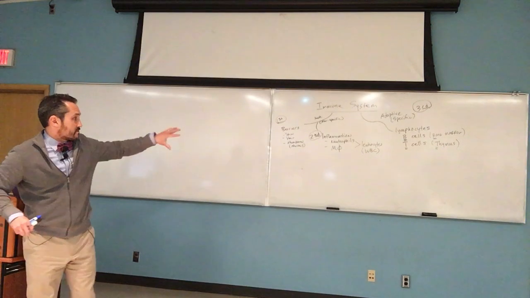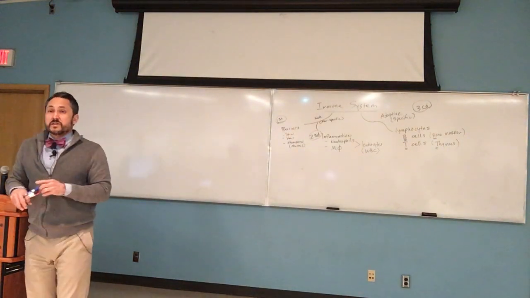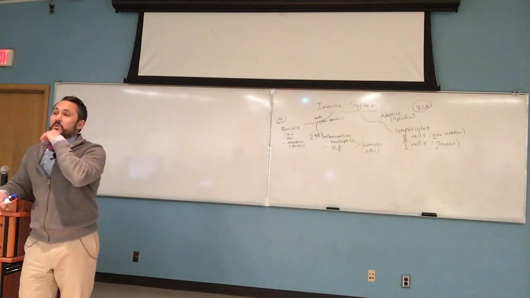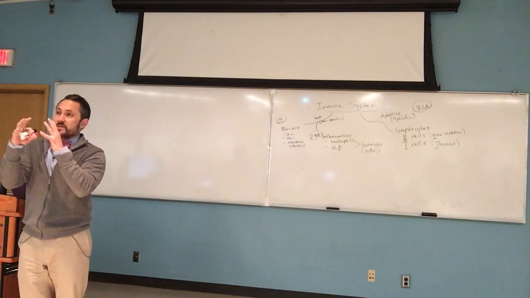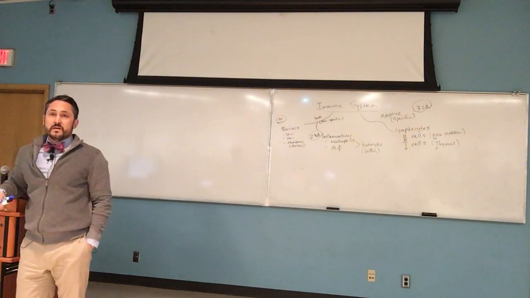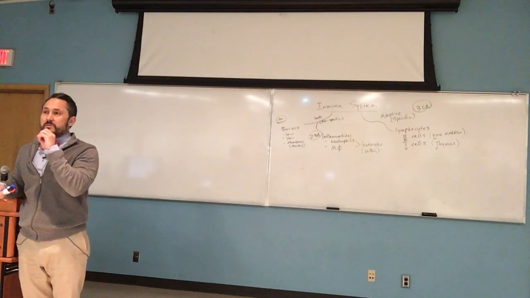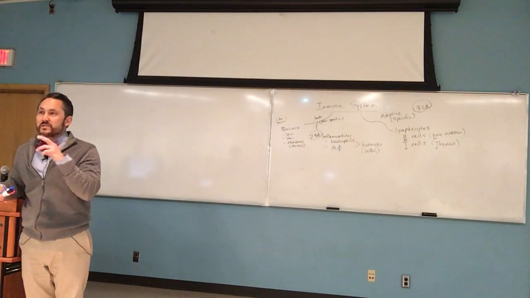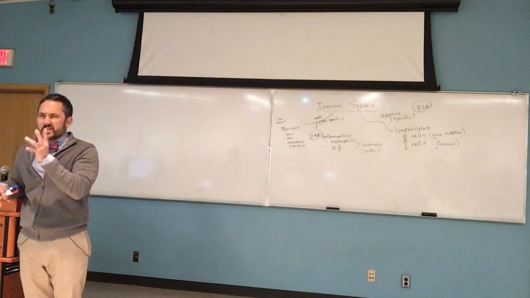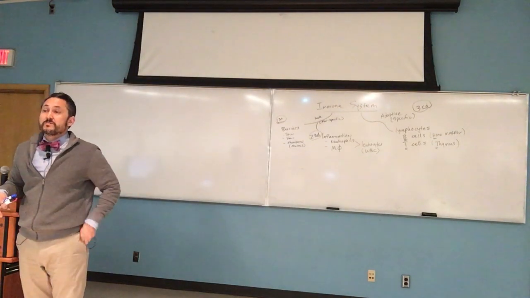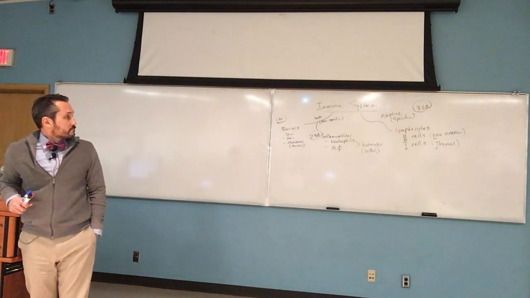So the thymus actually enlarges during childhood, and then by your 20s and 30s, it's already starting to shrink. By the time you're elderly, it's almost indistinguishable on autopsy in a 75 or 80-year-old patient. It's kind of gray and all shriveled up. It's hard to find.